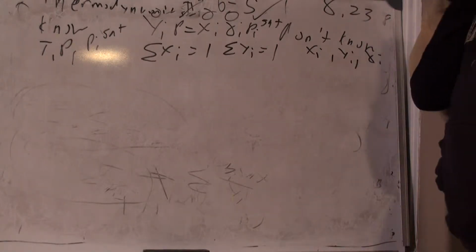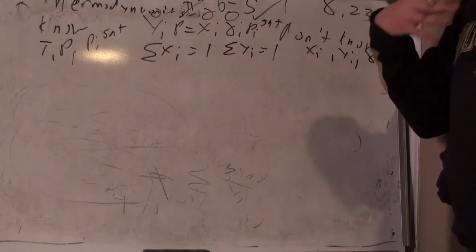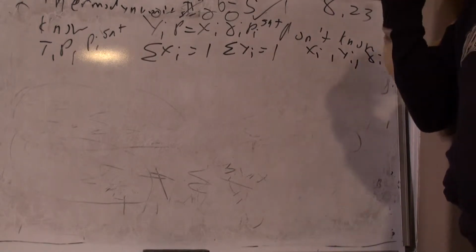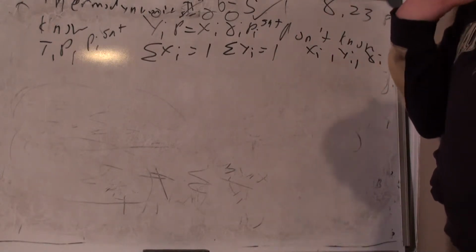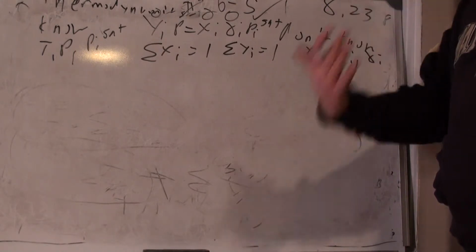Okay. And so, I want to approach this how I would approach every other problem, like the dew pressure, or the bubble temperature, or the dew temperature, or whatever it is. I want to approach it in the same way.